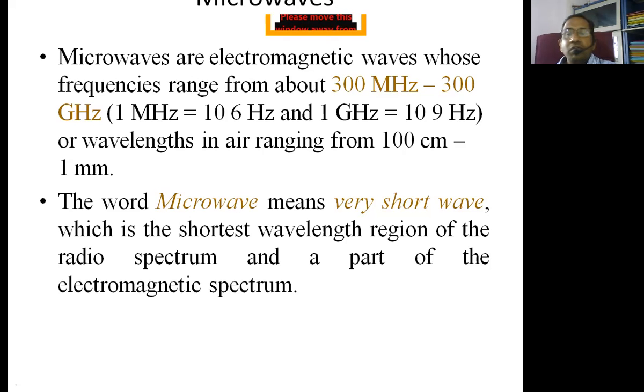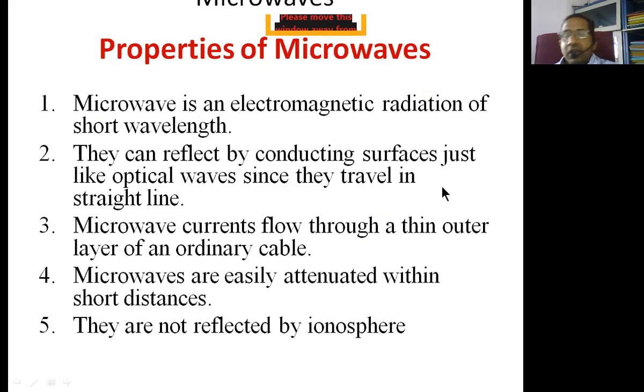The word microwave means what? Very short wave, that means a wave whose wavelength is small. It is the shortest wavelength region of the radio spectrum and a part of the electromagnetic spectrum. The magnetron is going to have the various properties of microwaves that we have seen in the previous sessions.